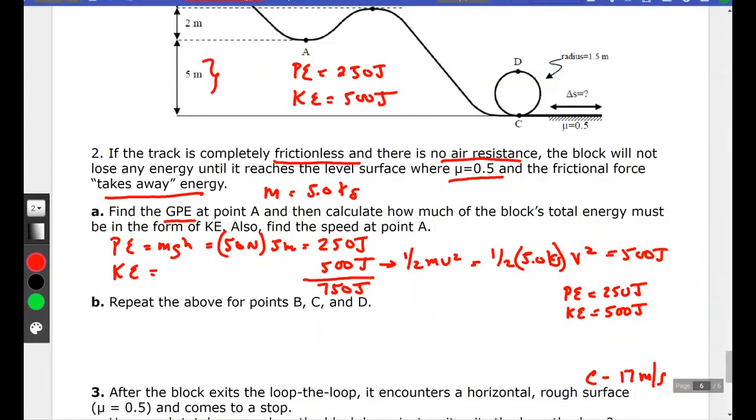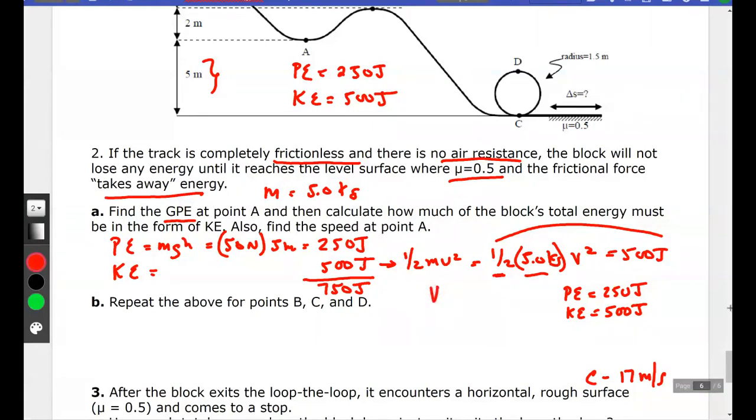So the velocity, I would multiply both sides by 2, divide by 5. Multiplying by 2 is 1,000. Divided by 5 is 100. Well, yeah, 1,000. No, 1,000 divided by 5 is what, 200, isn't it?